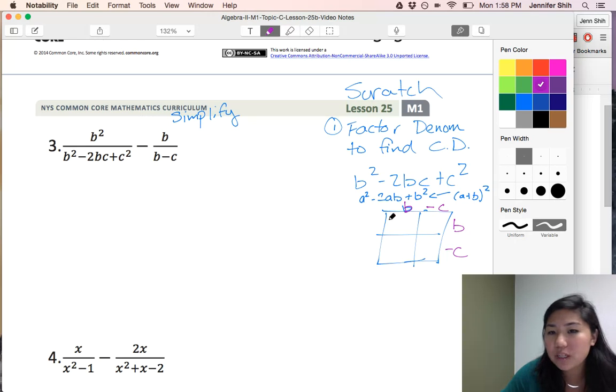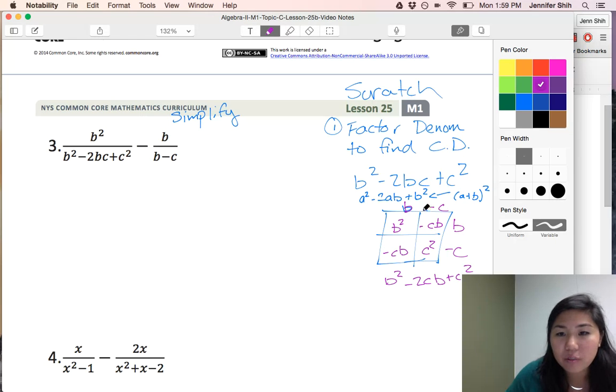So what I'm doing is I'm guessing that these are the factors, and I'm going to fill in and see if I'm right. So I'm multiplying b squared, negative cb, and c squared. So together, do I get my denominator? Yes. Okay. So that means the factors are b minus c and b minus c.